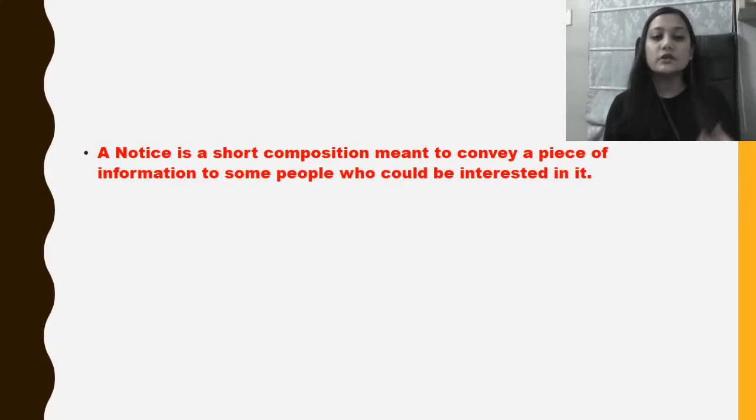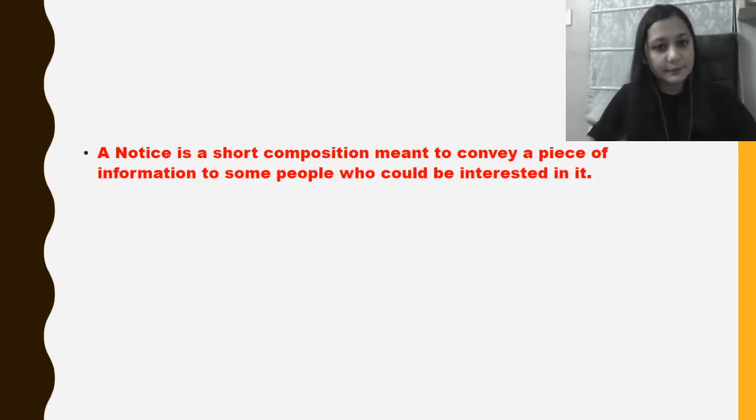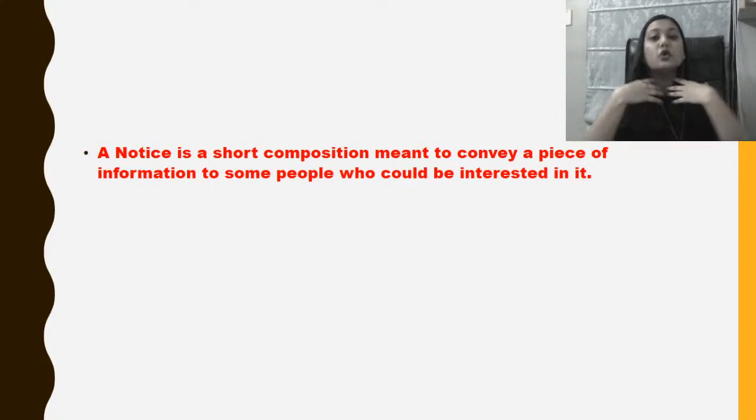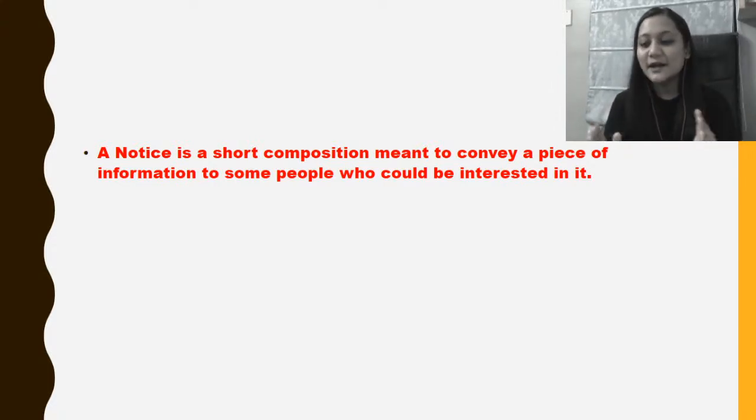A notice is a short composition meant to convey a piece of information to some people who would be interested in it. For example, you are conducting a blood donation camp or you are planning to have a tree plantation program. So you need to keep in mind for whom you are writing up a notice.